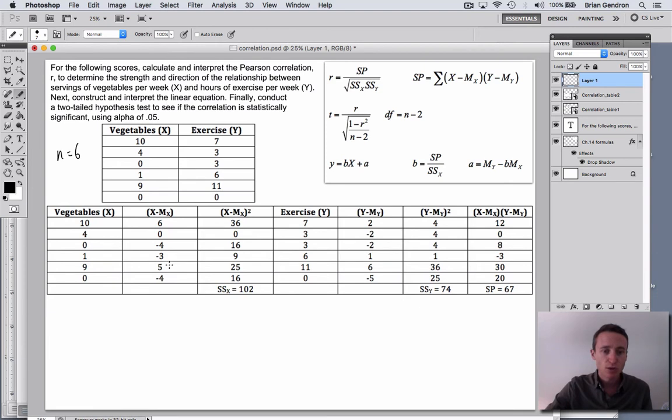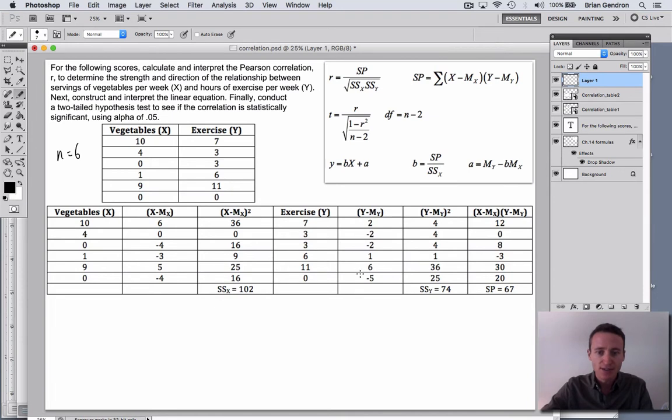But then, of course, when you square those deviation scores and sum the squared deviation scores together, you get the sum of squares. In this case, sum of squares for X is 102. I did all that same stuff for Y. So Y has a mean of 5 if you calculate the mean.